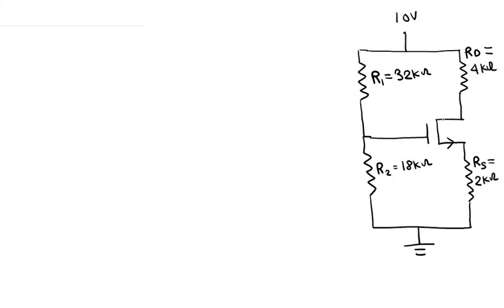Here the properties of the MOSFET are given to be VTN, the threshold voltage, which we can also write as VTH. Here it is written as VTN, and this is given to be 0.8 volts, and this capital Kn is given to be 0.5 milliamperes per volt square.